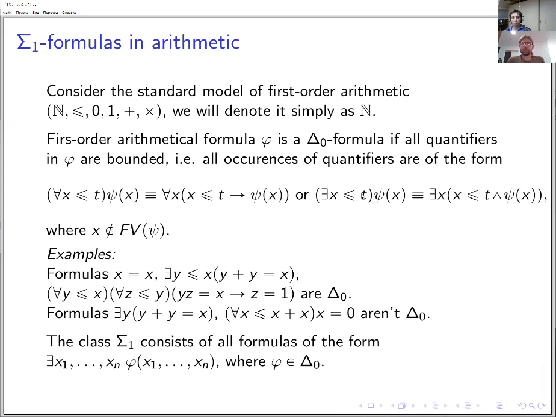So as usual, we have natural numbers, comparison, constants 0 and 1, addition and multiplication. As usual, delta 0 formulas are formulas such that all quantifiers in them are bounded.